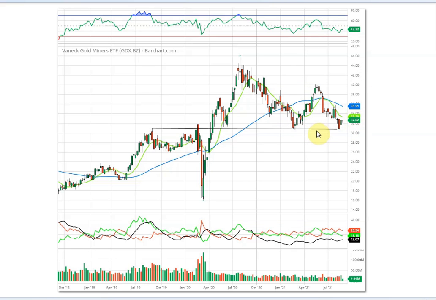Now we do have to be very careful because we are still below the 50 on the RSI. We still have the DIs in bearish territory, and the stock is trading below both moving averages. So everything is still bearish. However, this is an opportunity for those who are willing to take on a little bit of risk, trying to buy stock cheap.